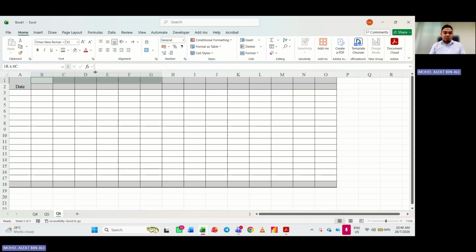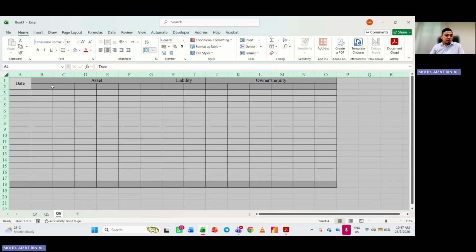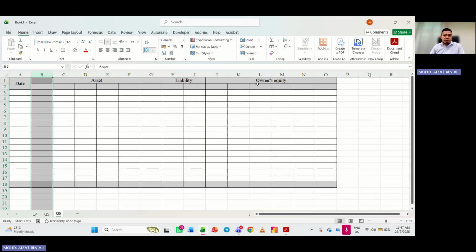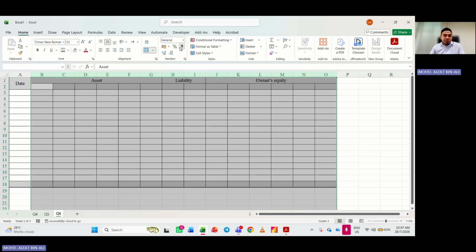Let's format this nicely. So we have our assets. I don't think we need that many for our assets. And then we have our liability. And then we also have our owner's equity. Let's stand by for many types of expenses. Before that, let's do a quick formatting to make sure this looks nice.